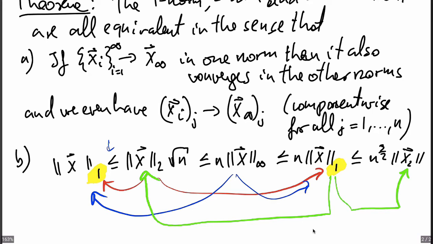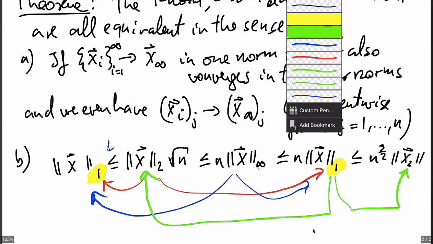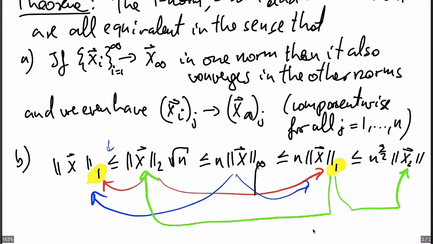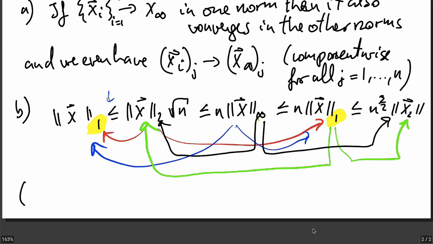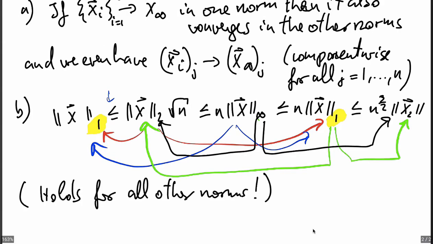And also the infinity norm can be estimated from below and above with some multiple of the two norm. This actually also holds for all other norms, but it's easiest to see for these simple norms.